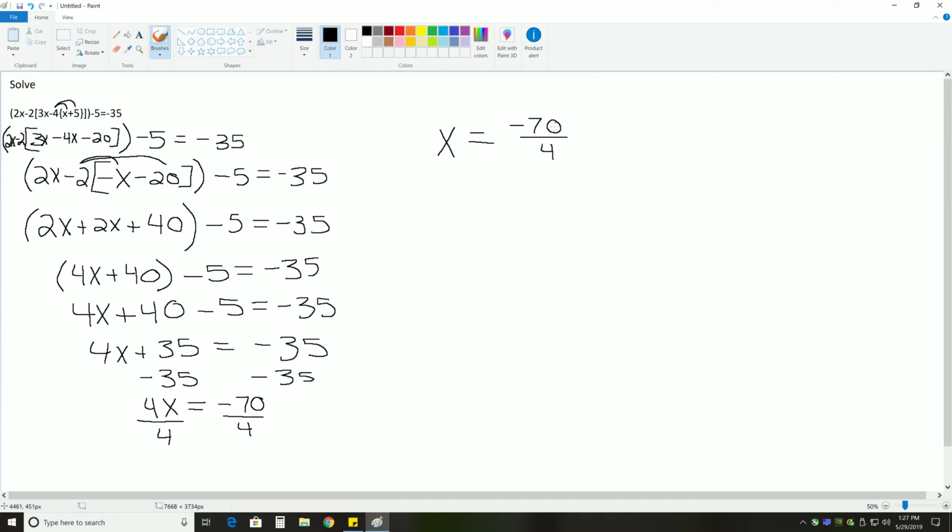We can quickly see that it will because we have an even number in the top and bottom of our fraction. If we divide each of them by 2, we have negative 35 over 2. Negative 35 and 2 have nothing in common, so that is completely simplified. X equals negative 35 over 2.